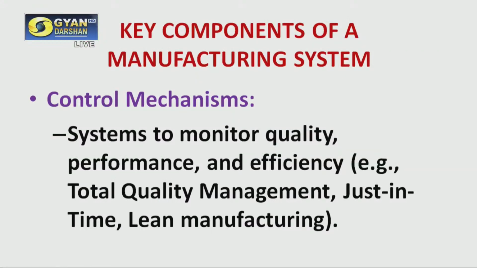Now let us come to the fourth component, that is the control mechanism. Control mechanisms are required to monitor the quality of the various processes, because it is not necessary that the product which you are making through world-class machines is of proper quality. There may be some errors, so we need some type of total quality management, just in time, or lean manufacturing.